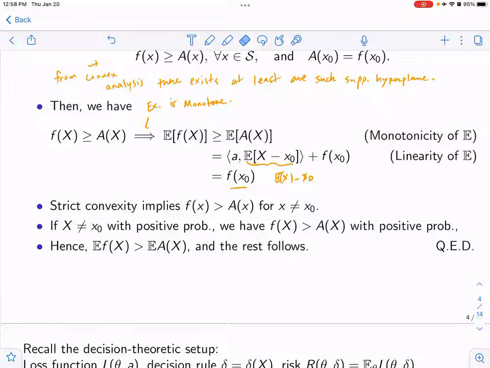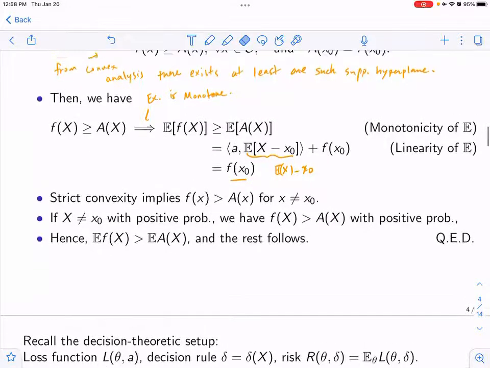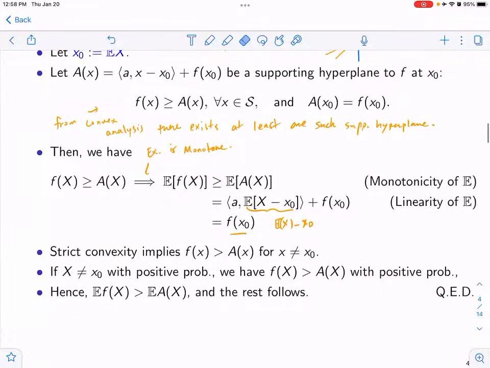Strict convexity would imply, as you can also see from the geometry, that this supporting hyperplane inequality is true strictly unless x is equal to x naught.